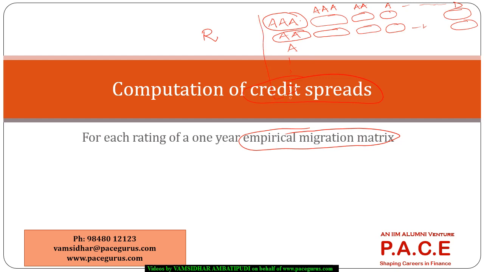So we have a matrix like this, and this matrix, as you know, should come from empirical data. So what is this empirical data?